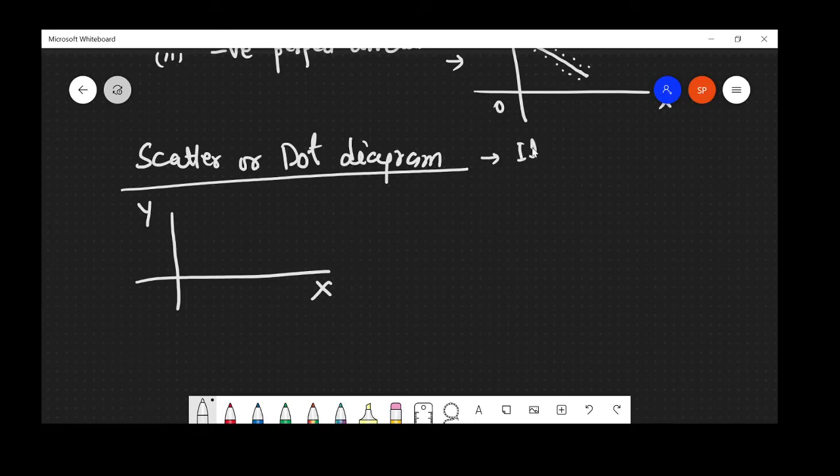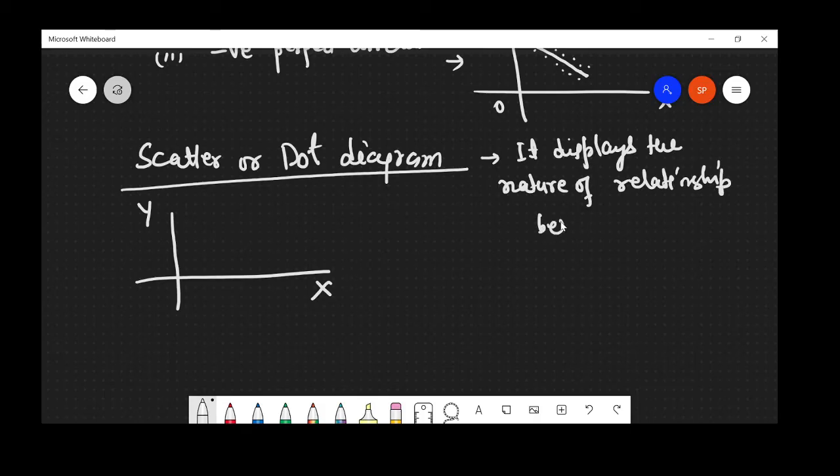Now it displays the nature of the relationship between two variables.